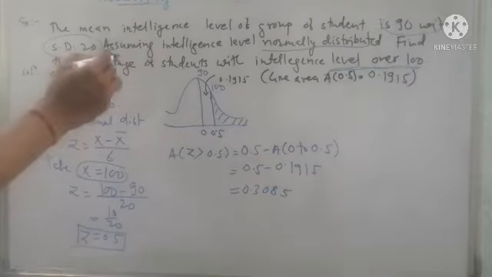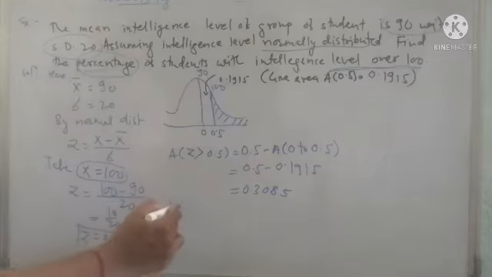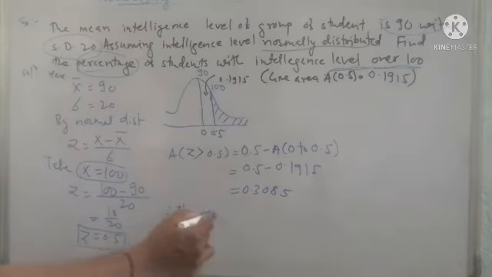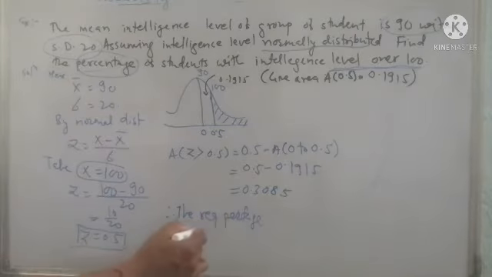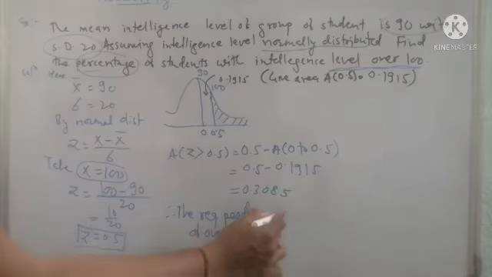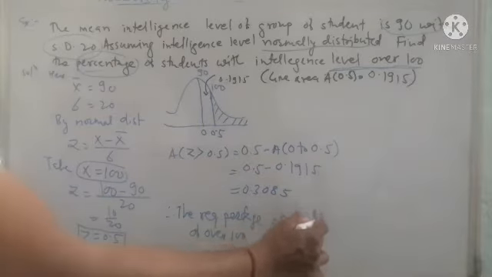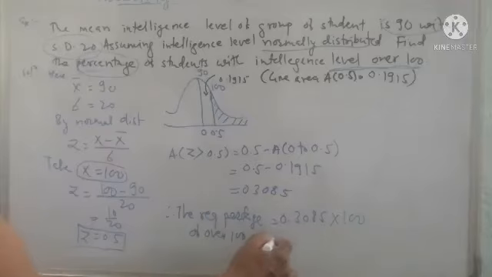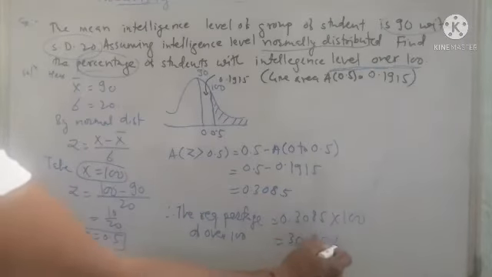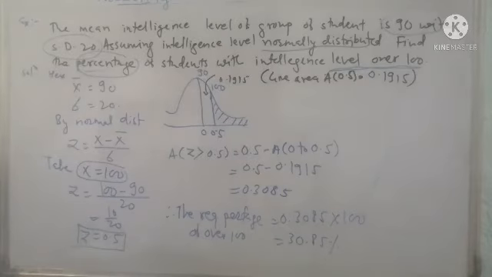As we have been asked for a percentage, the required percentage of over 100 is obtained by multiplying this area by 100. As you know, to take a percentage we multiply by 100, so 30.85. That means 30.85% of students out of the total students have intelligence level over 100.